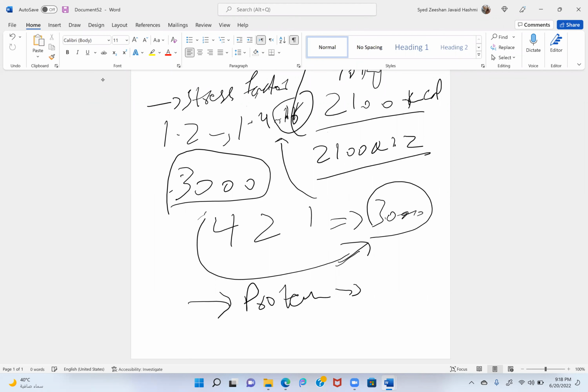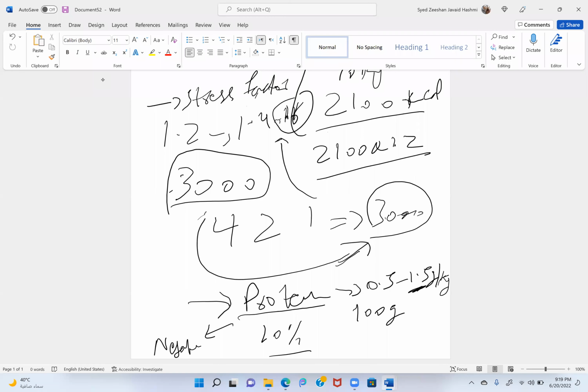You will not calculate the calories for protein. You will take protein separately, 0.5 to 1.5 gram per kg. Roughly, if you are taking the maximum, it is around 100 gram of protein, and usually we have 10% amino acid solution, which you will be replacing as protein, and your target is to avoid negative nitrogen balance.